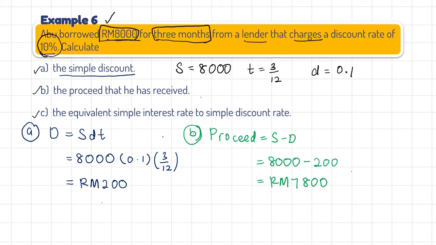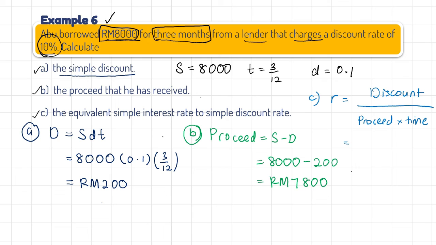The last question, which is the third one, is we need to find the equivalent simple interest rate to the simple discount rate. We are going to use the other formula for equivalent simple interest rate to simple discount rate. The formula is R equals discount divided by proceeds multiplied by time.